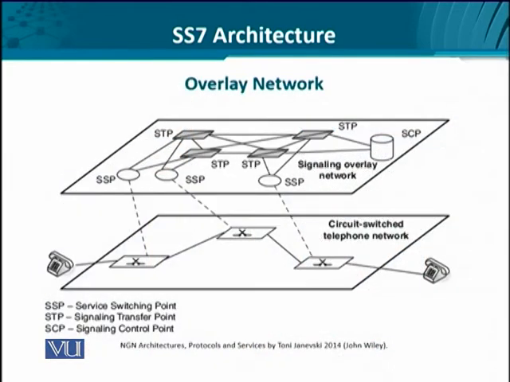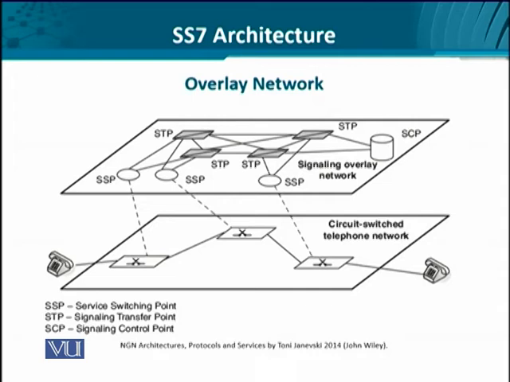The SS7 architecture looks more like an overlay on top of a physical circuit switched telephone network. The entities in the overlay network, specifically the switching point, the service switching point, the signaling transfer point, and the signaling control point, are of our concern in today's lecture. So let's go through each one of these one by one.